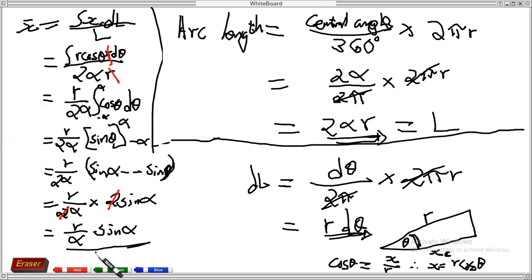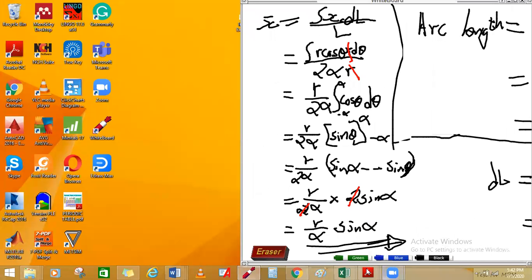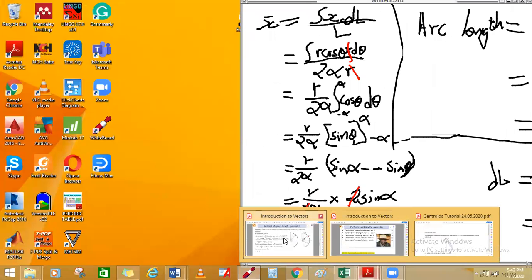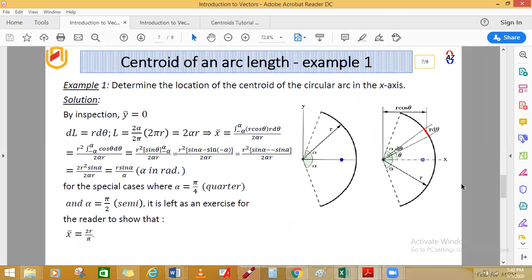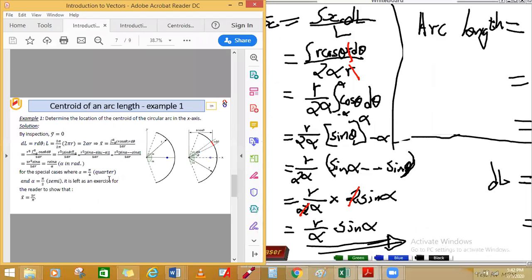This should be a solution, I think. But remember you have used radians here. We have converted everything to radians, so maybe that should also be in radians. Otherwise, you're going to have to convert it back again. If you can check, what did I get here?